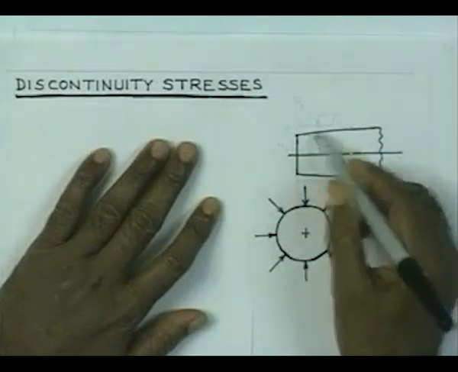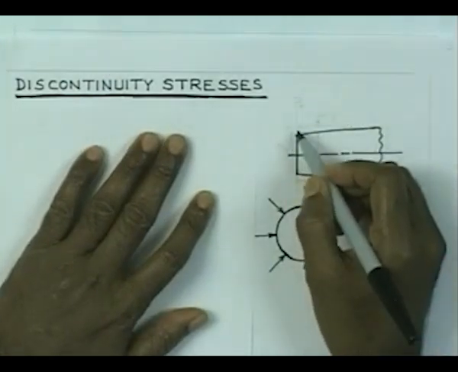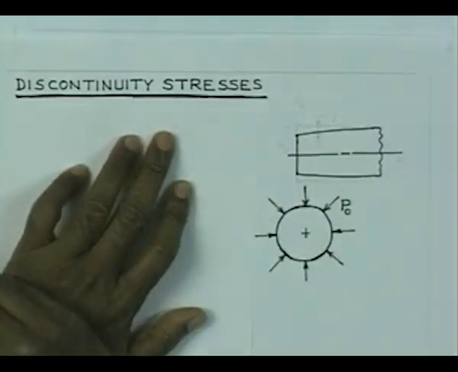Discontinuity stresses. If you are going to have a junction of a vessel which is subjected to forces like this, think of a vessel which is going to have local forces like this, and because of the local forces we are going to get some discontinuity stresses.